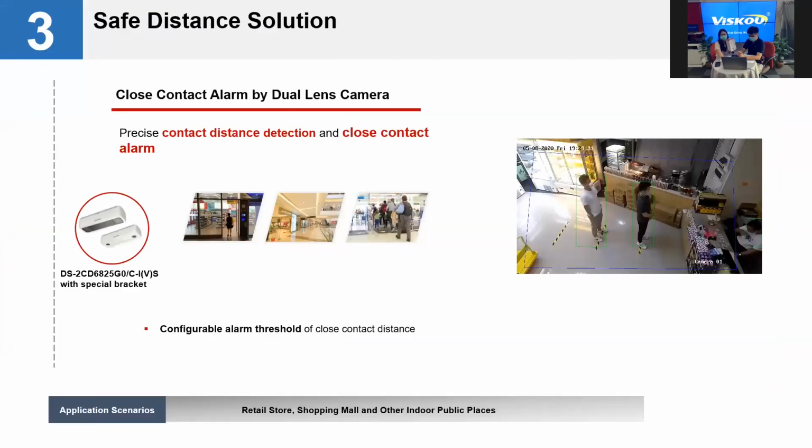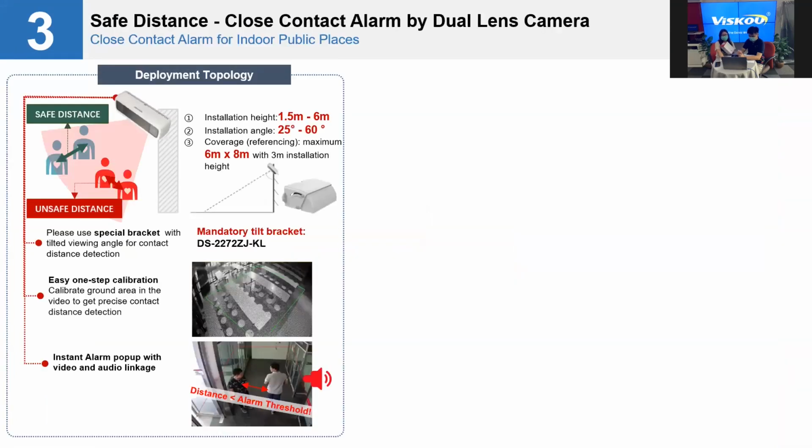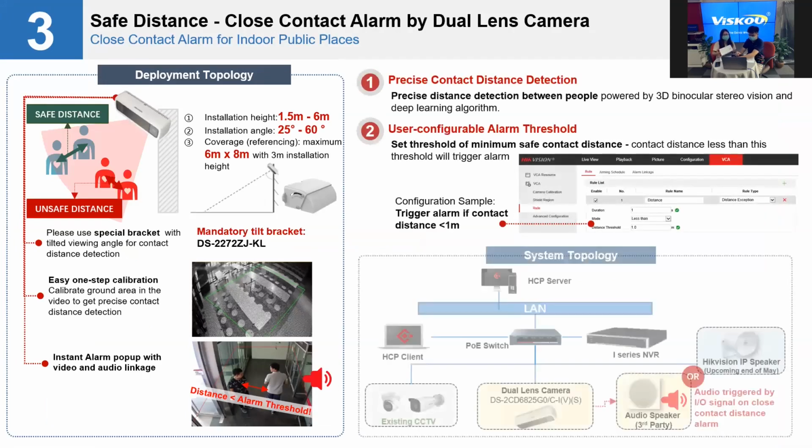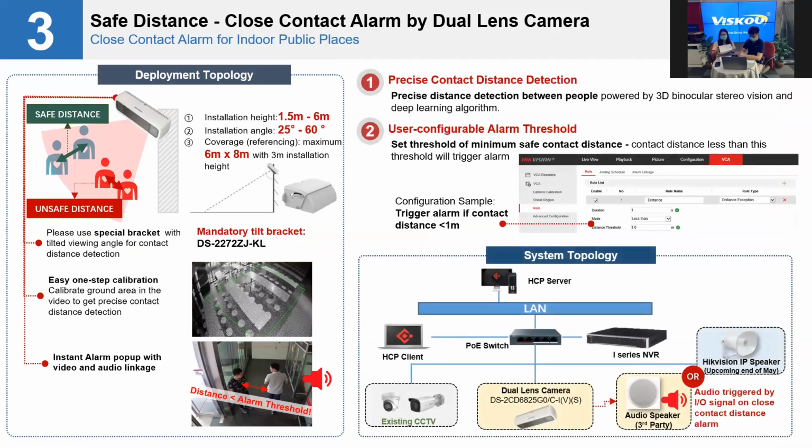But for the safe distance solution, we recommend using our special bracket, and its installation height is 1.5 meters to 6 meters. Its installation angle is 25 degrees to 60 degrees.